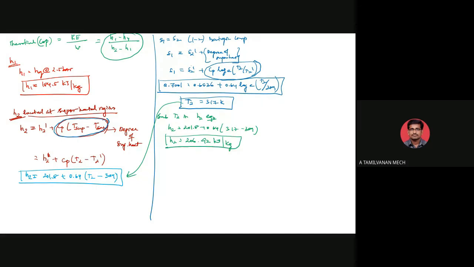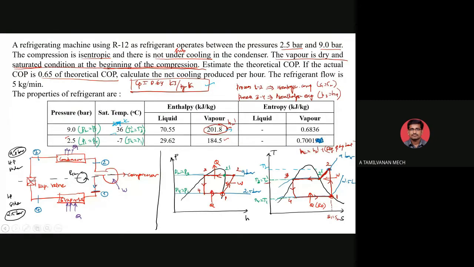When you find H1, then you find H2. Then next you are going to find H3. How can you find H3? Where is point 3 located? At the saturated liquid curve, sir. Saturated liquid curve at a pressure of how much? 9 bar, sir. So at 9 bar, the saturated liquid line.